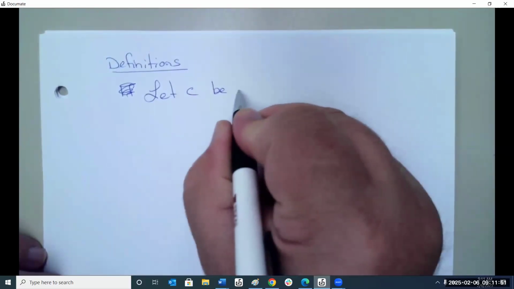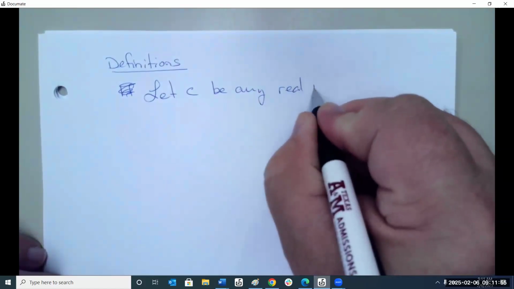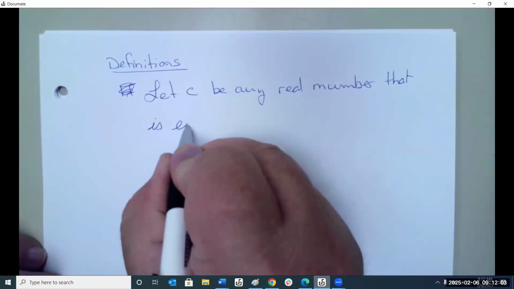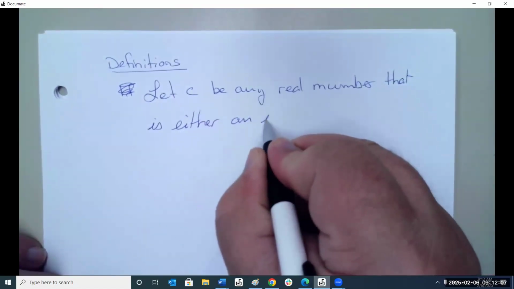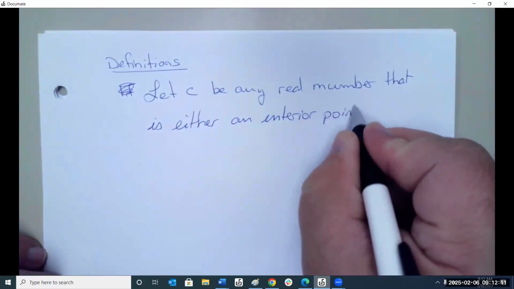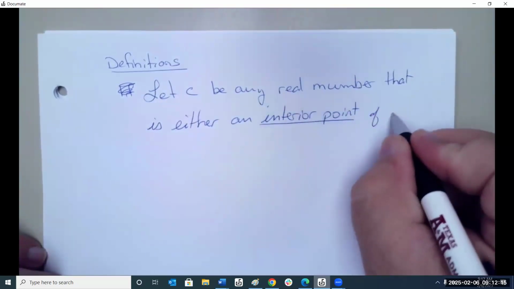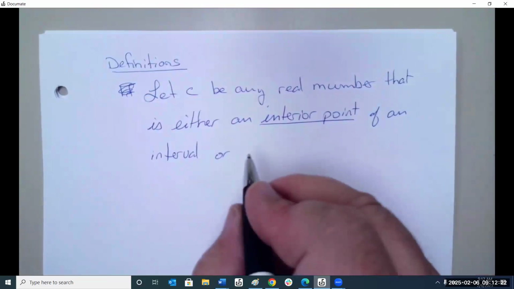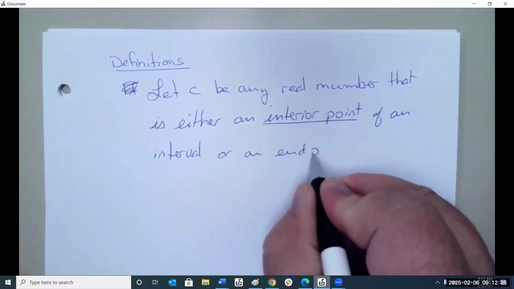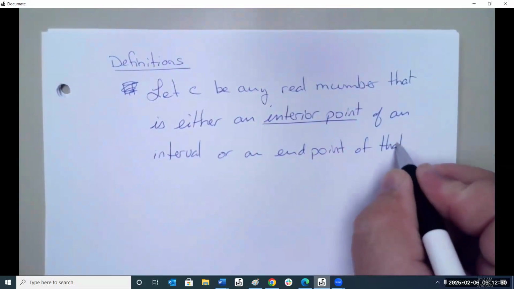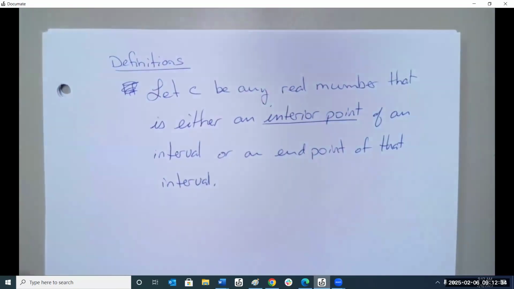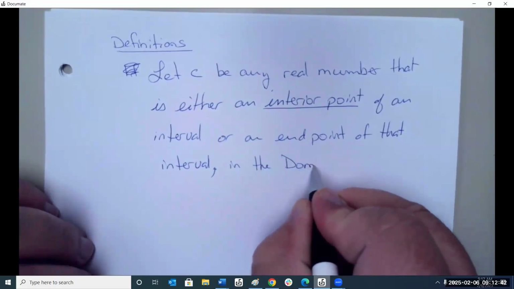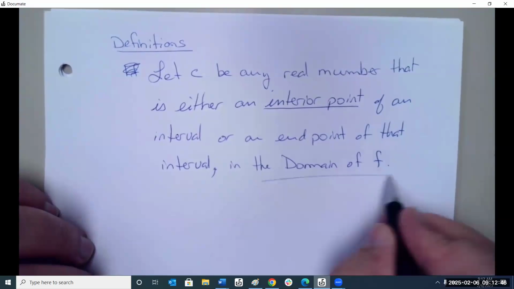Let C be any real number that is either an interior point of an interval or an endpoint of that interval, in the domain of f. This is important.